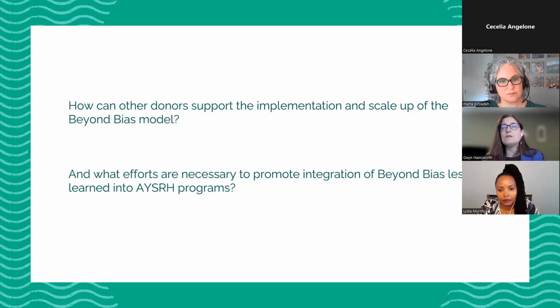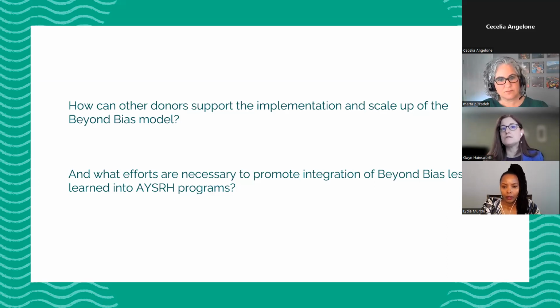I think for donors, there are different kinds of donors, right? We know that there are some donors, bilateral donors in particular, that often issue RFPs as part of their grant making. And so I think it's also important for the issue of bias to be incorporated within those RFPs as a key barrier, and calling for solutions to address that.